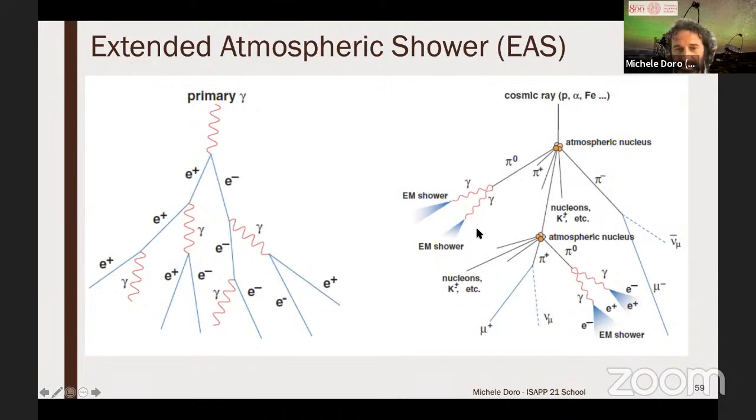So pretty complicated. But then the gamma ray is this one or this one. This one is called primary because it's really the one you want to look at. It's coming from outside. This one is maybe generated within the atmosphere, so a secondary gamma ray. So this is the photons, the gamma rays that came from your supernova remnant or active galactic nuclei.